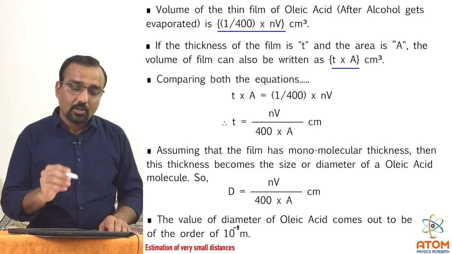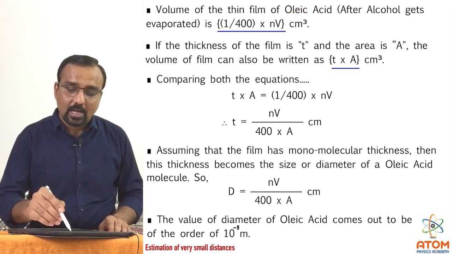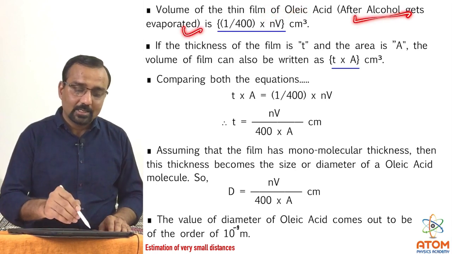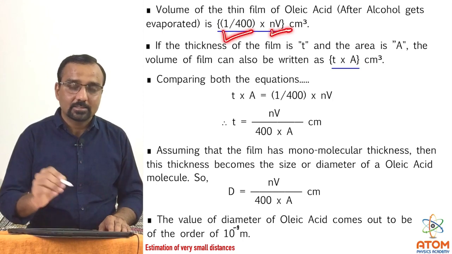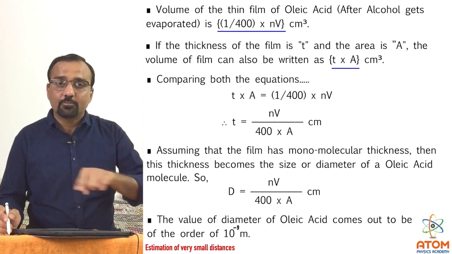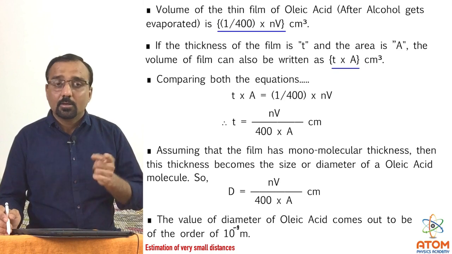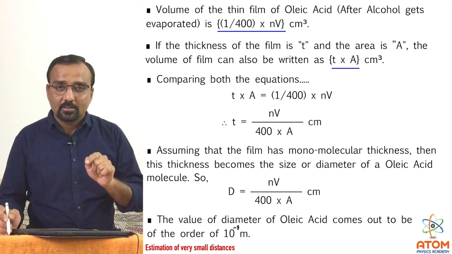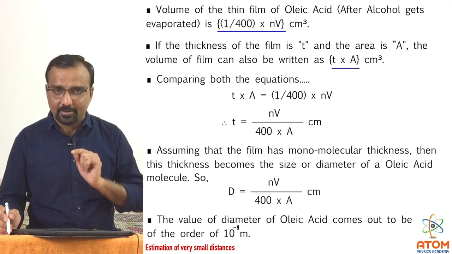Now, volume of the thin film of oleic acid after alcohol gets evaporated is now 1 by 400 NV centimeter cube. As we said, the volume of total droplets is NV centimeter cube, but in every droplet the proportion of oleic acid is just 1 by 400.